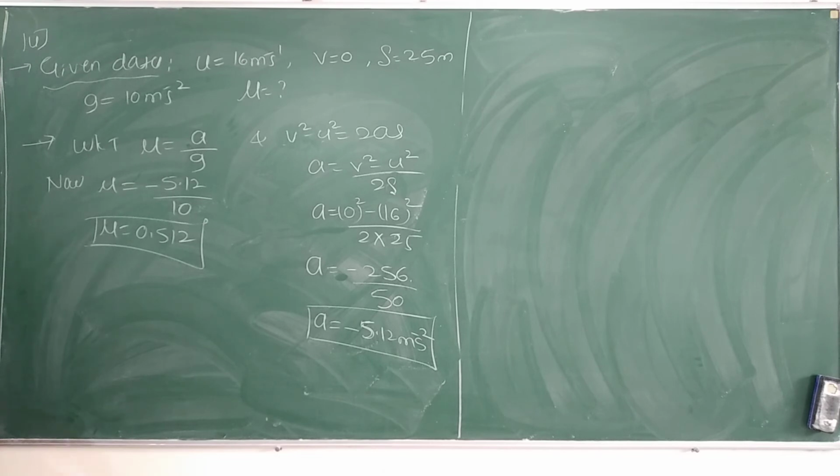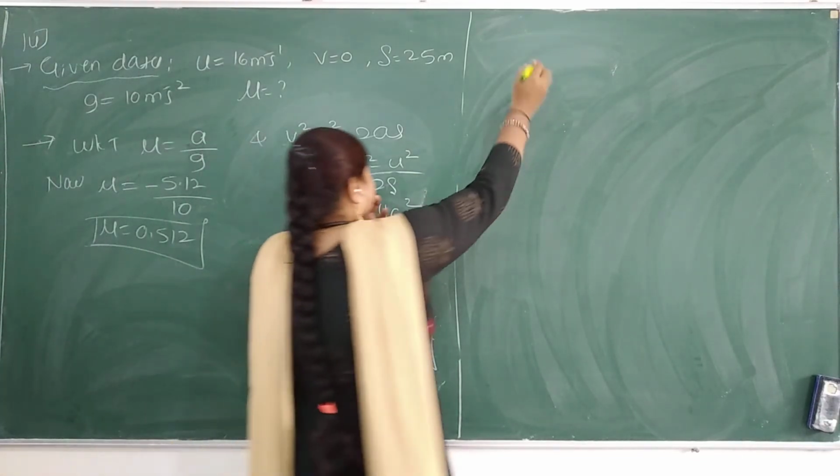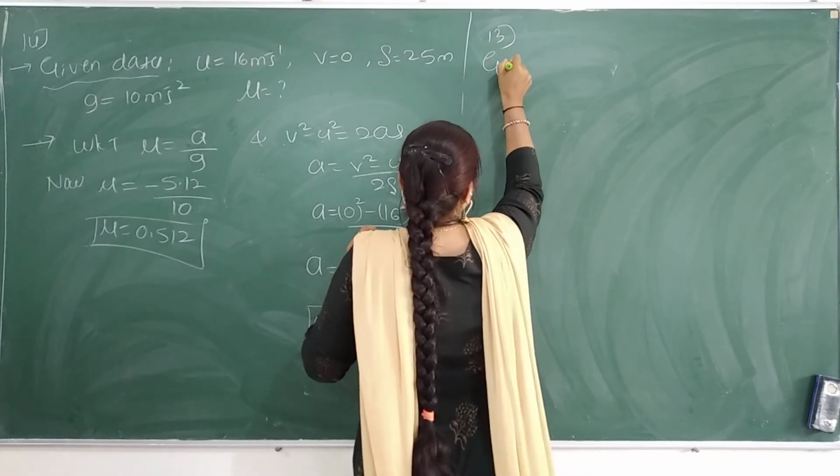A cyclist speeding at 18 km per hour on a level road takes a sharp circular turn of radius 3 meter without reducing the speed. Okay, now there is a cyclist. Question number 13, given data.